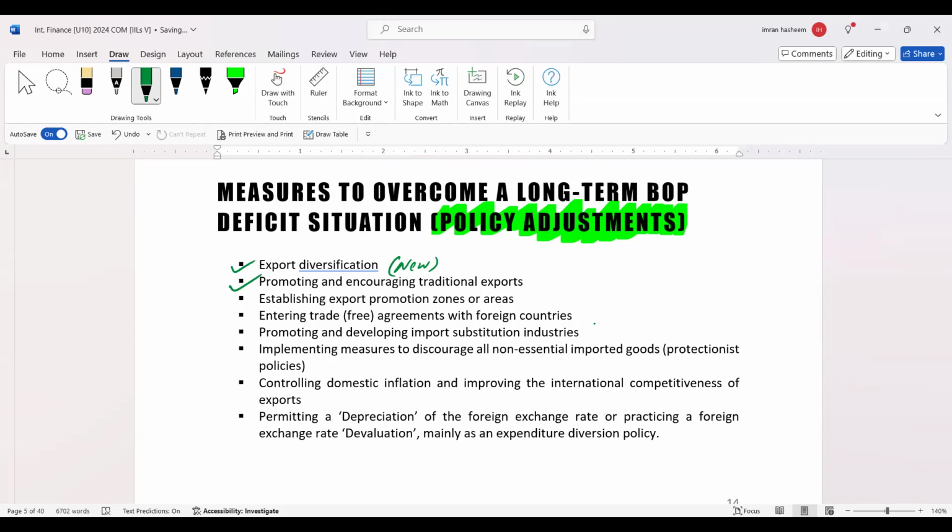Establishing export promotion zones or areas.